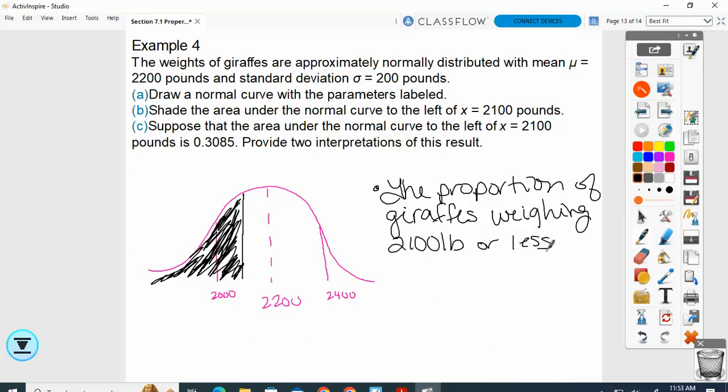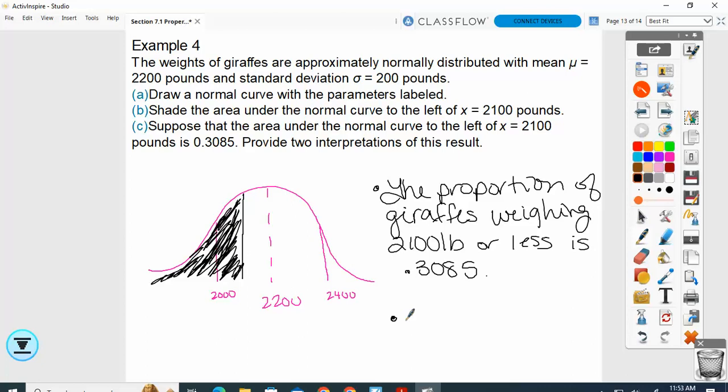Because we shaded everything below that, is 0.3085. So essentially treating that as describing the population, describing all the giraffes. So a little under 31% of my giraffes weigh under 2,100 pounds.